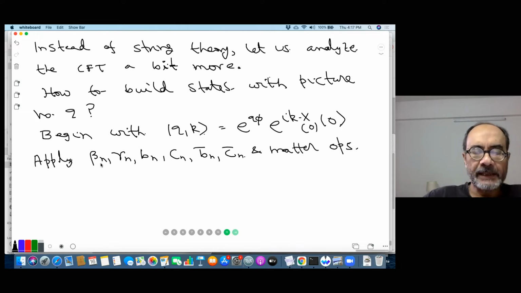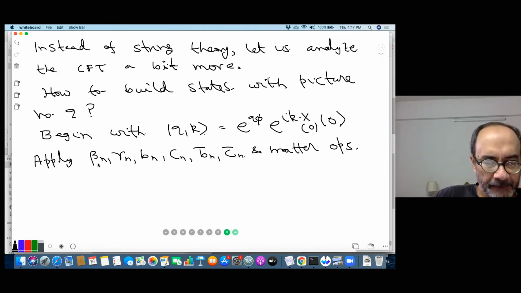And it's guaranteed that these will all give a picture number Q state, because these are picture number singlets. They carry 0 picture number. So that's the way you build a full set of basis states of picture number Q.